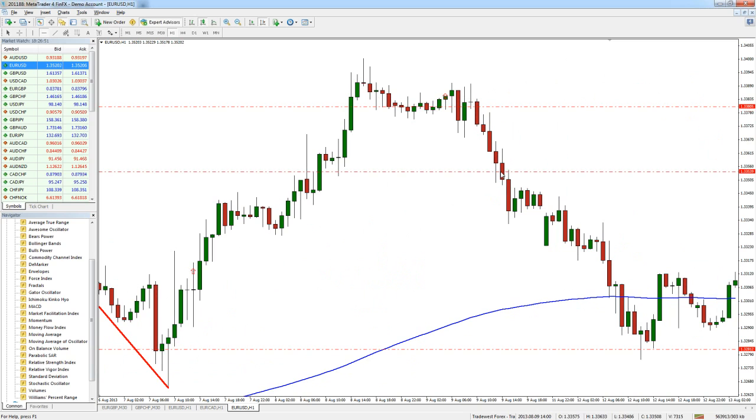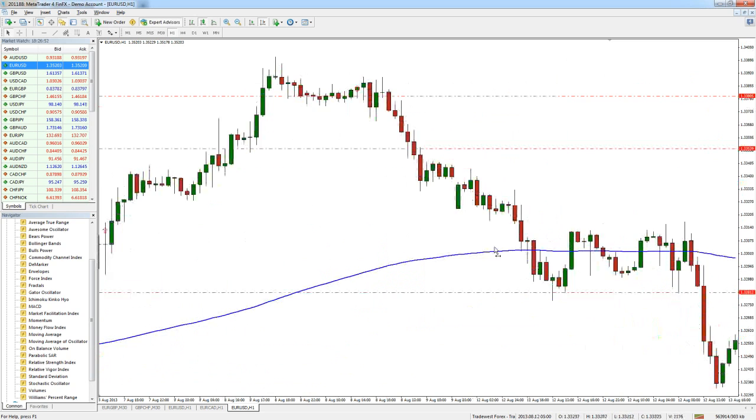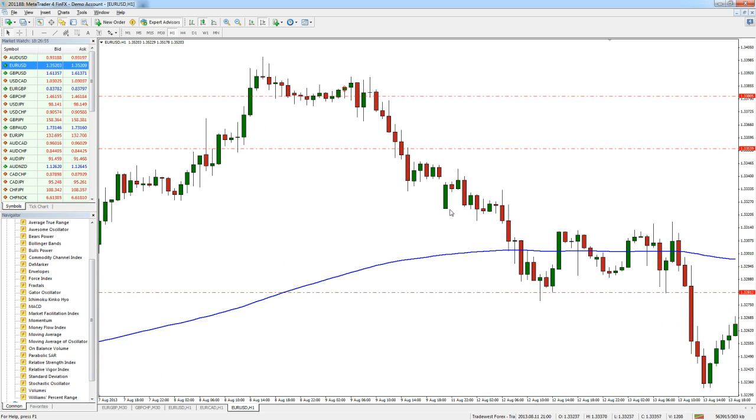If you get stopped out right here, that's fine. Take a loss. And if you for some reason got in again and took a loss, that's fine. You should be keeping these trades stopped small and making larger profits in those trend trades. That's what trend trading is all about, making sure that you're making more profits on your winning trades than you are in pips that you lose on your losing trades.